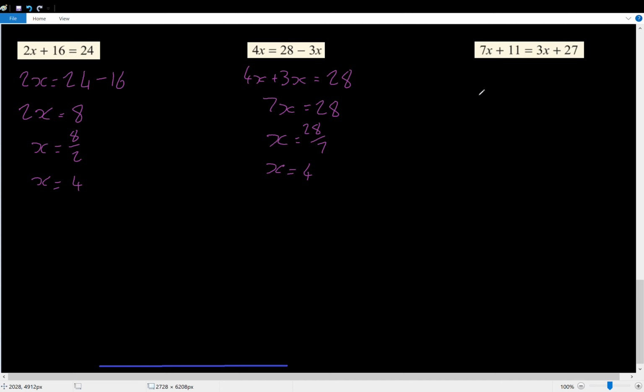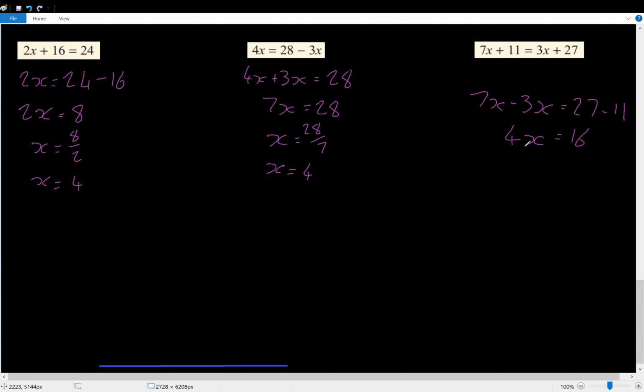So our next line down is going to be 7x, and we're going to bring our 3x over, so it stops being plus 3x, becomes minus 3x, and that's going to be equal to 27, and we brought a plus 11 over, so it's going to be minus 11. So 7x minus 3x, that's 4x, and 27 minus 11, that is 16.